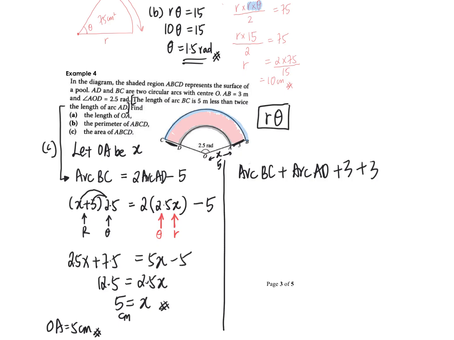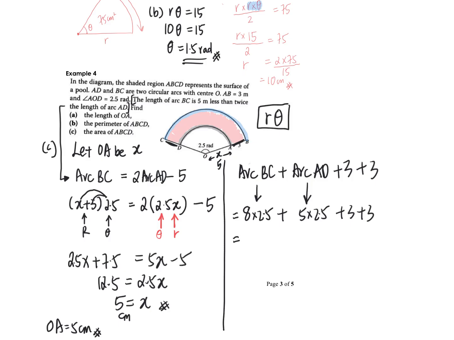So to find the arc of BC is R, which is 8 cm times 2.5. The arc for AD is 5 times 2.5. So it's just these few lengths adding up together. So this is your perimeter.